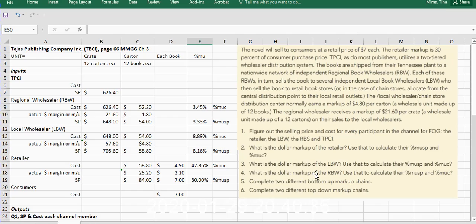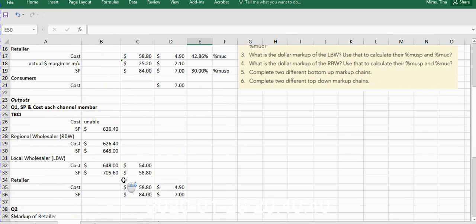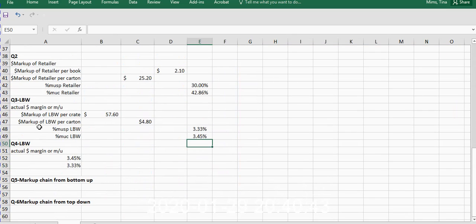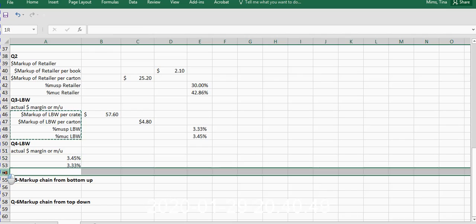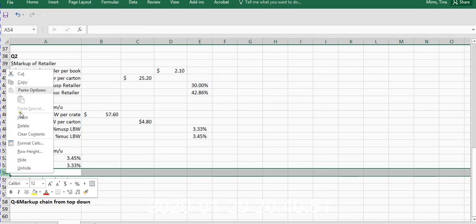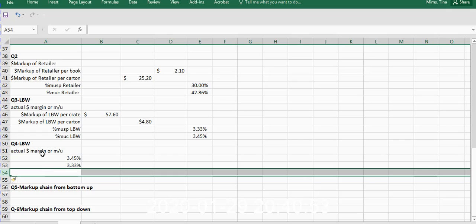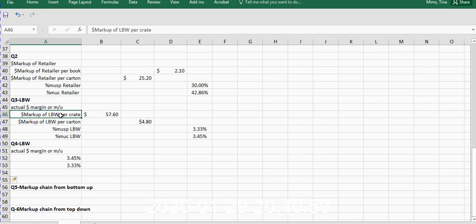What is the dollar markup of the regional book wholesaler? And we're going to do the same thing here. Okay, so I'm going to take that stuff here, I'm going to copy, and I don't have enough room, so let me get some room here. 1, 2, 3, 4. I've got enough room now.